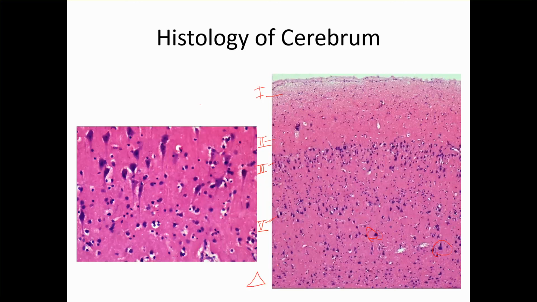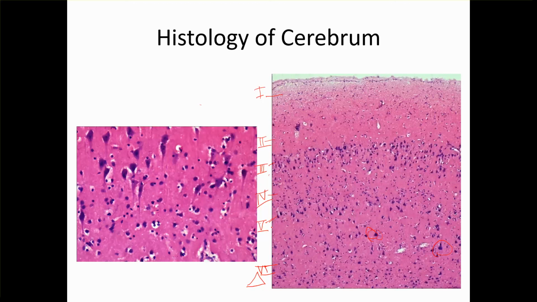So that means this is the sixth layer, the multiform pleomorphic layer, and this will be the fourth layer. Again, the first layer is the molecular layer, second layer external granular layer, third layer external pyramidal layer with small pyramidal cells, fourth layer internal granular layer.